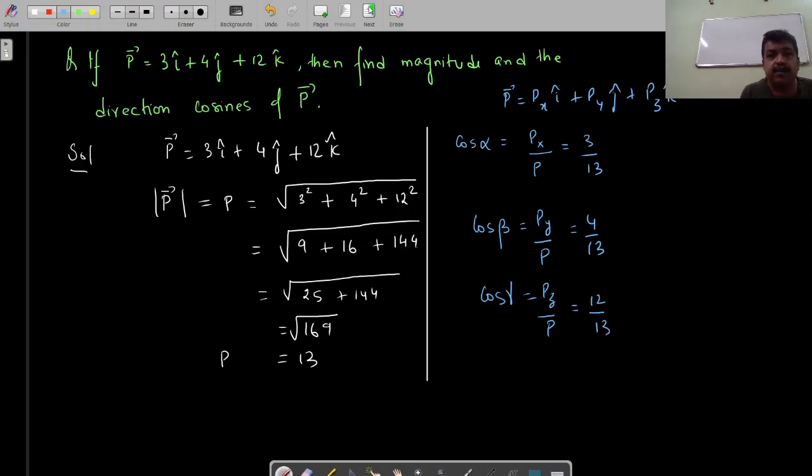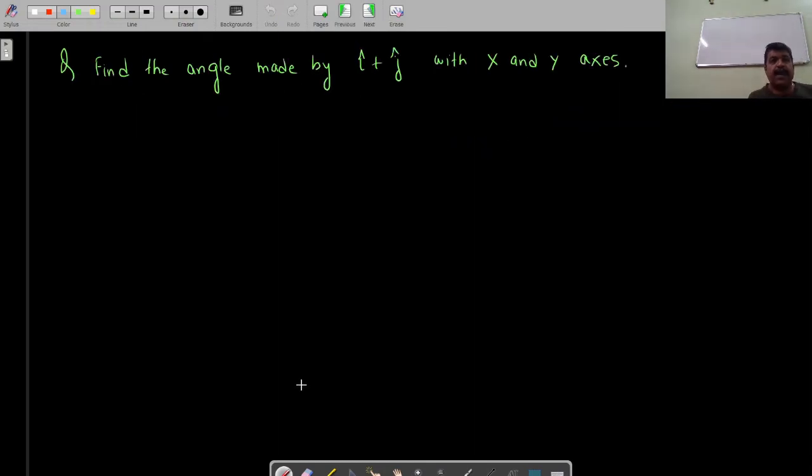Now the next question. Find the angle made by i cap plus j cap with x-axis and y-axis. Let us name this vector as vector a. So vector a is equal to i cap plus j cap, and we have to find the angle made by this with x-axis and y-axis.